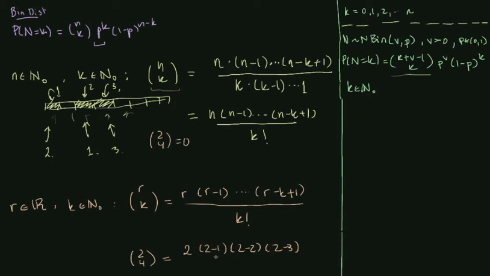So we have 4 terms up here divided by 4 factorial. And this gives me, interestingly enough, 0 as well, since the 2 minus 2 up here just cancels. So the formula makes sense in a lot of different ways.